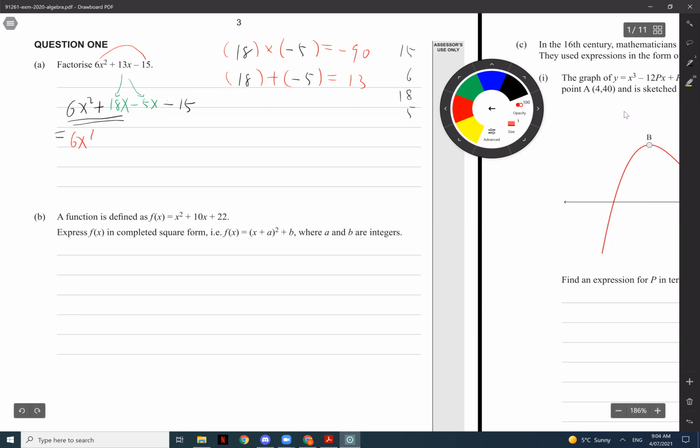Take out 6x, x plus 3. Take out negative 5, x plus 3. x plus 3 is in common now. We take out x plus 3, times 6x minus 5.